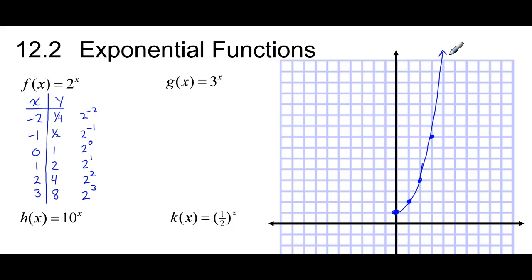The other direction is kind of interesting. When you have negative 1 for x, your y came out to be a half. And negative 2 for x gave you a quarter. If you think about it, each step to the left you go, you're multiplying by a half again. So it'll be an 8th, a 16th, a 32nd. So to the left, this graph is getting smaller and smaller.